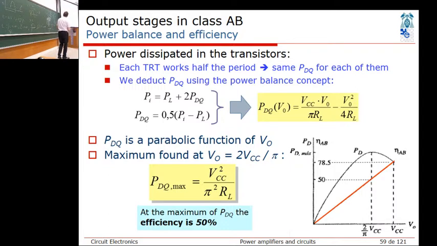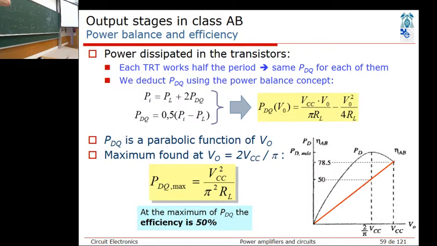So basically same PDQ there, and using the power balance calculations, the power supply power is consumed in load and 2 transistors. So remember, now we have a sinusoid signal, so it doesn't have positive or negative bias.